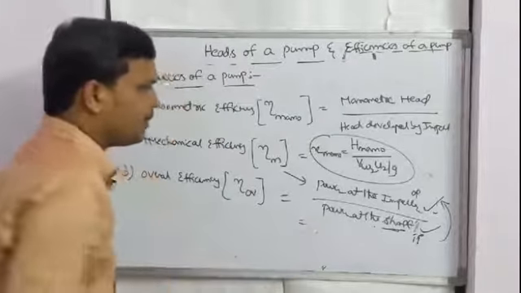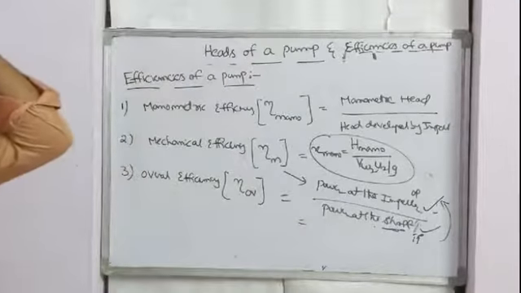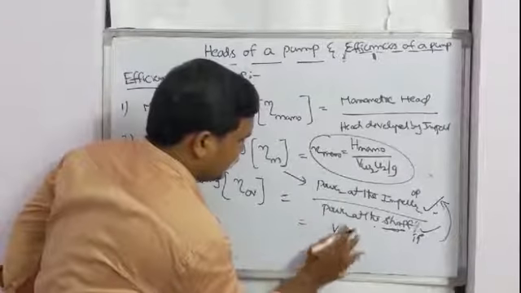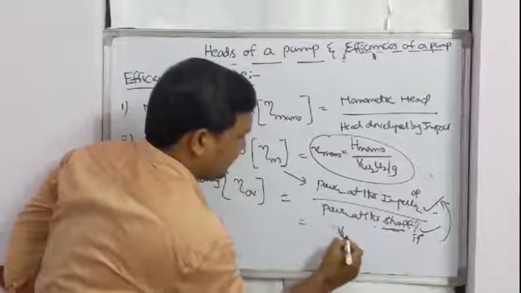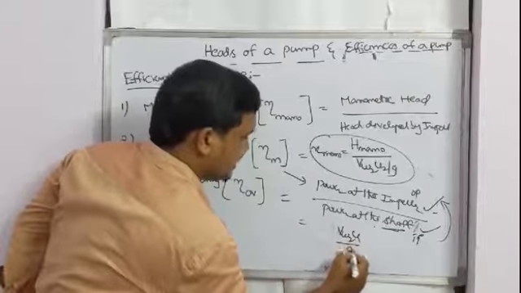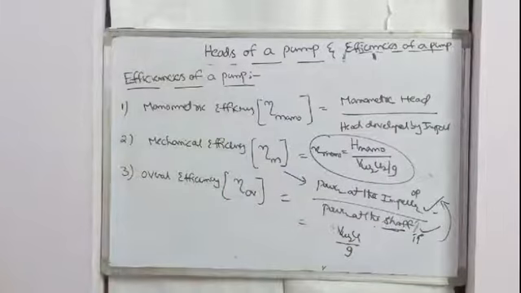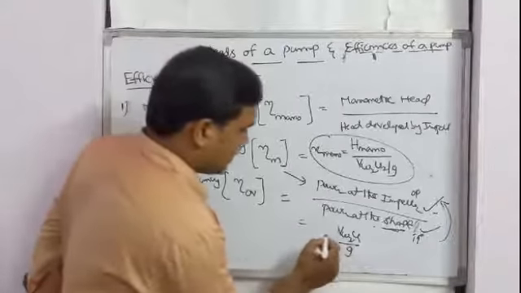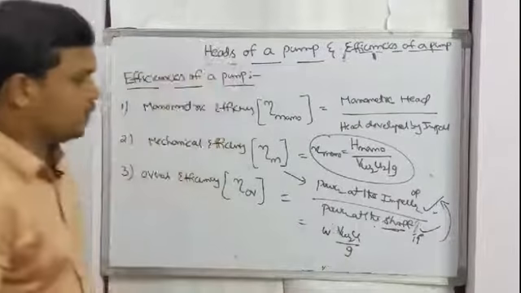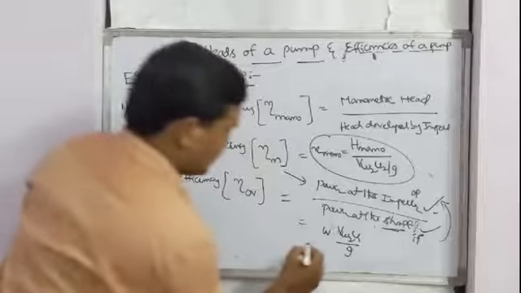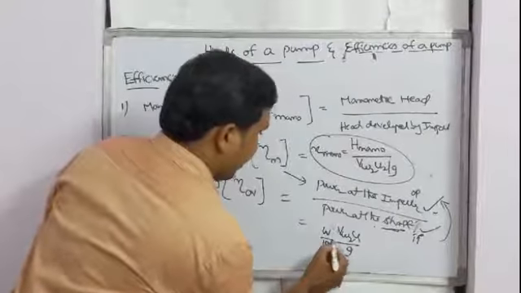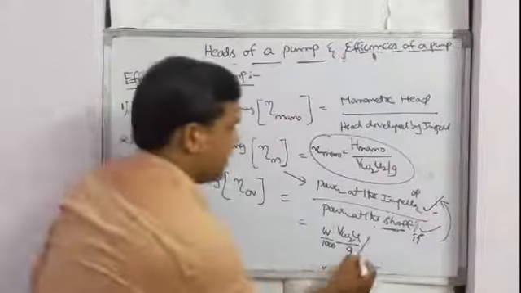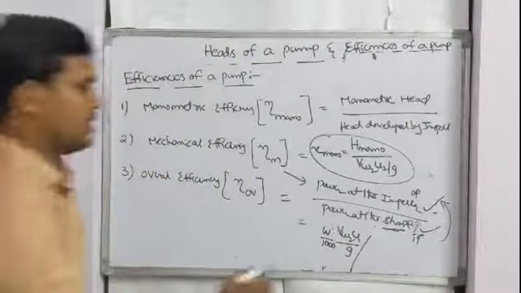So in power, the power at the impeller is W by g times Vw2 u2, which we know is the impeller power. This can be converted into W times Vw2 u2 by g divided by 1000, where W is the weight of the water, divided by the power at the shaft, that is the shaft power.